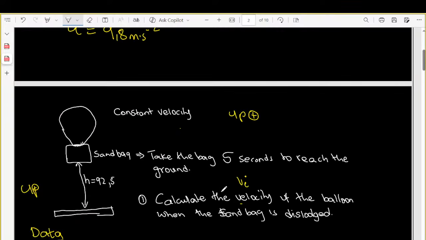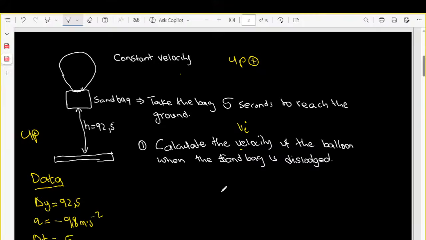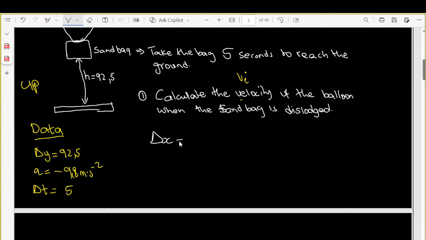So I'm just gonna rewrite my formula down there. I'll say my delta x is equal to v initial multiplied by delta t plus half of a delta t squared. That is the formula. Now we can just substitute.